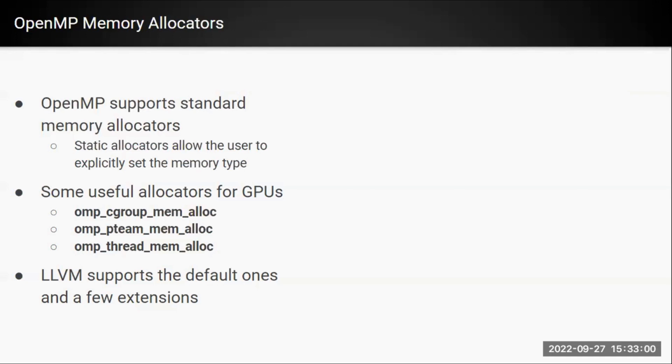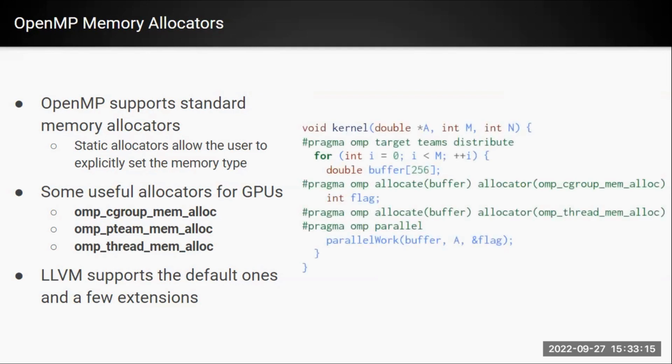And then there are extensions that we have in LLVM that I think are already voted into the standard, or not, but they are transitioning to become properly standardized allocator places. And then you can write something like this with a buffer, as we've seen before.